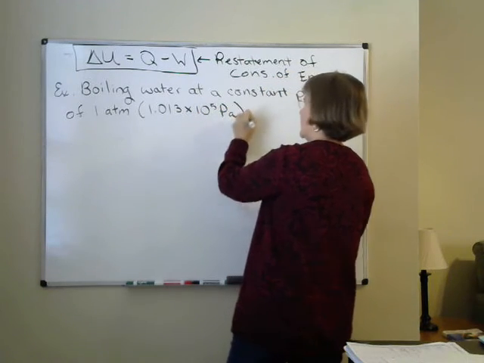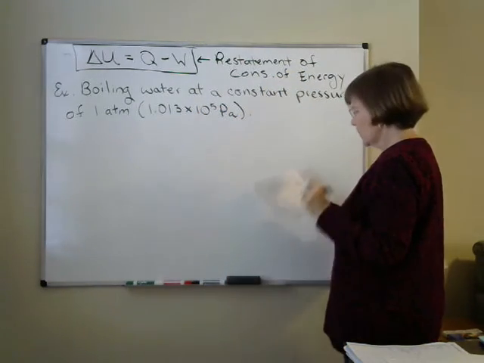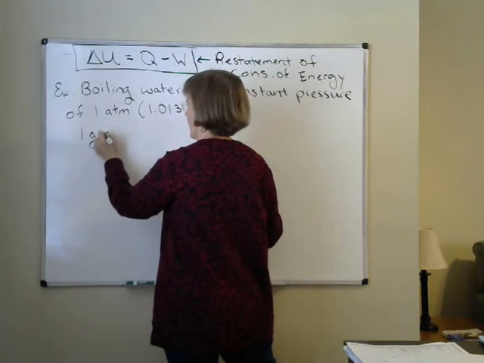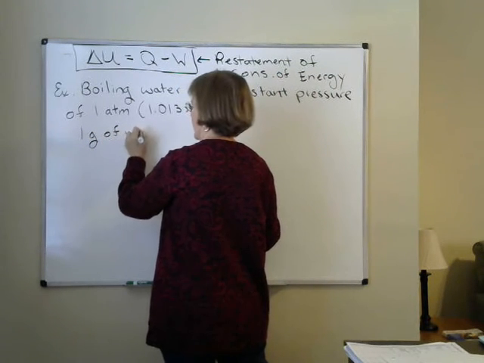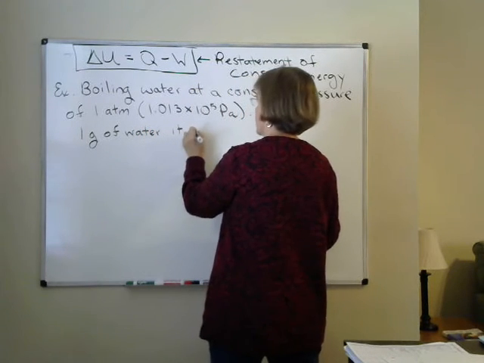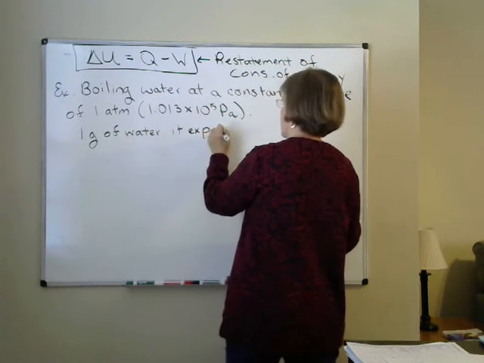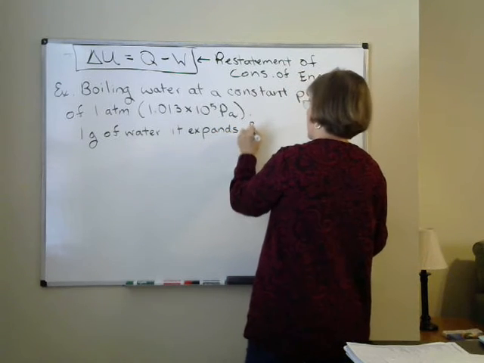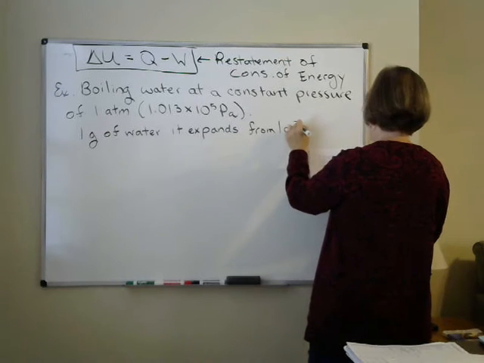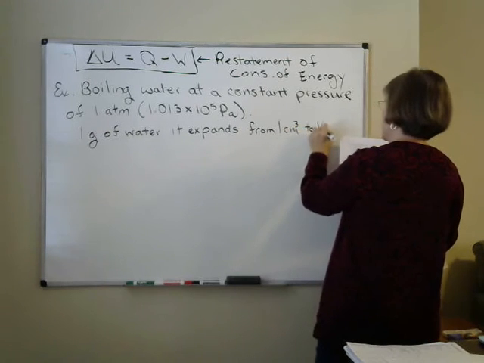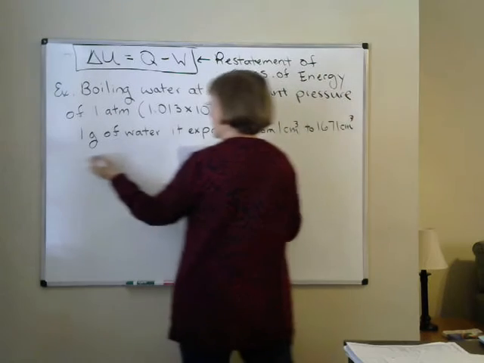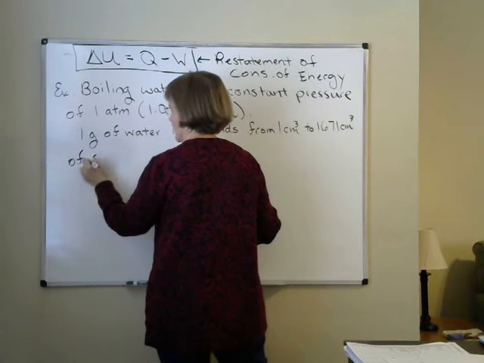If you boil 1 gram of water, it expands from 1 cubic centimeter to 1,671 cubic centimeters of steam.